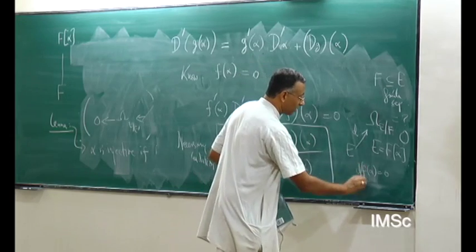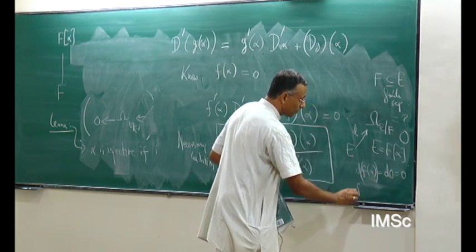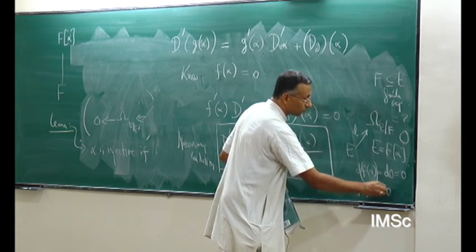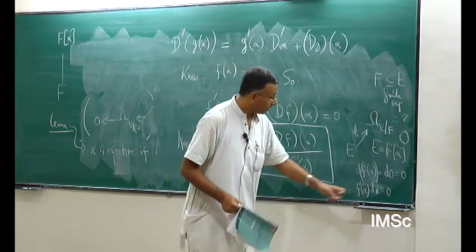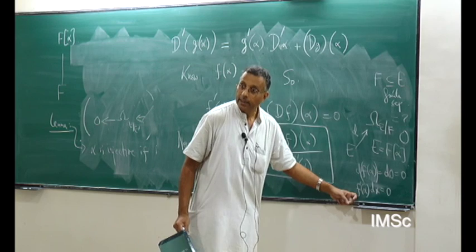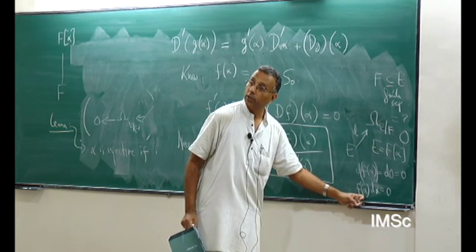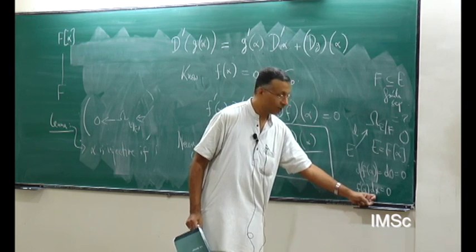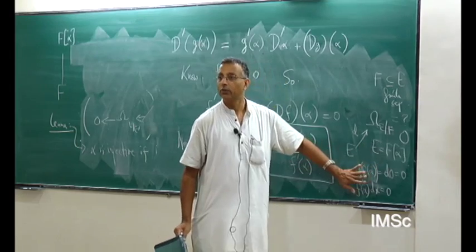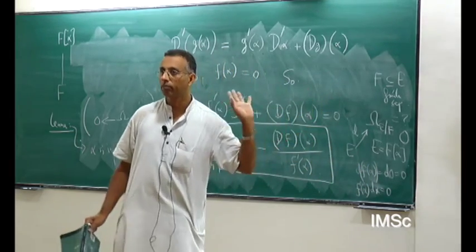So D of f of alpha is D of 0, which is 0 on the one hand, but by calculus, if you wish, it's f prime alpha D alpha. But this is a non-zero element of the field E. This is an E module. Some non-zero element of the field E times D alpha equals 0, therefore D alpha is 0. This is the basic idea of what is involved. Okay, the rest is just jazzing it up.